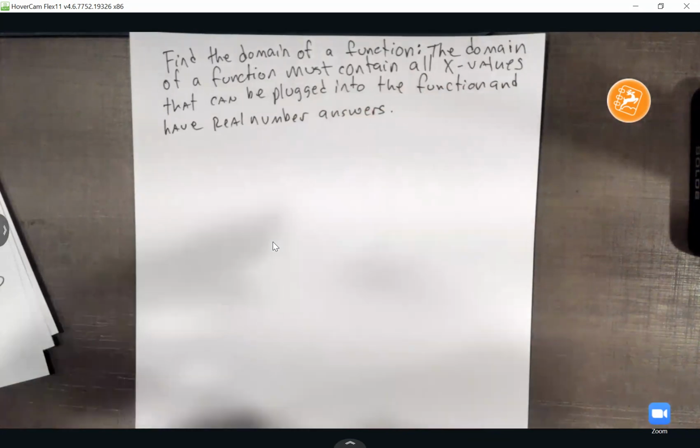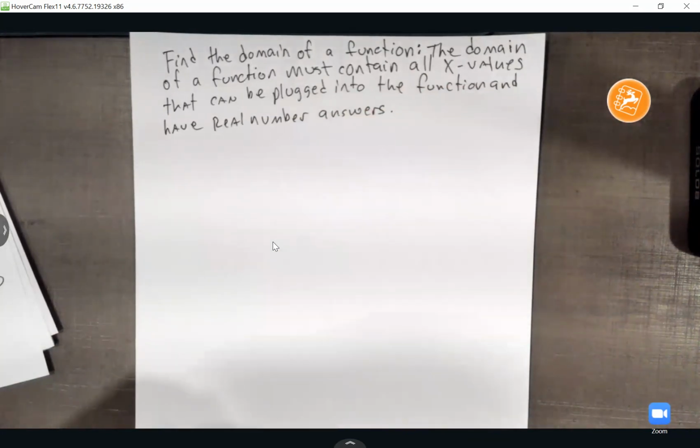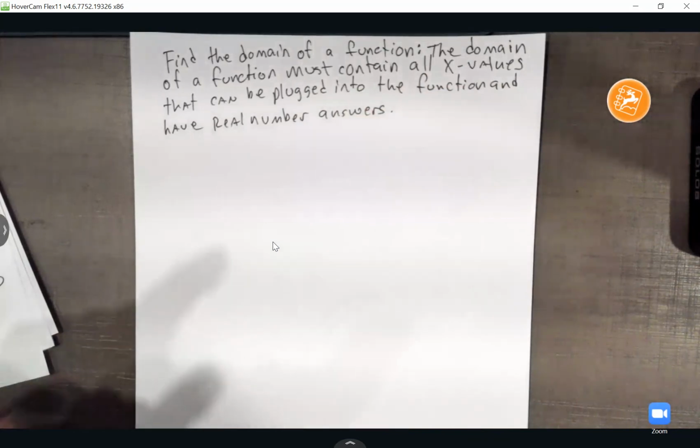Or you can consider that your outputs, okay? So the domain of a function has to contain all x values that I could plug into my function and get an answer out of, okay?